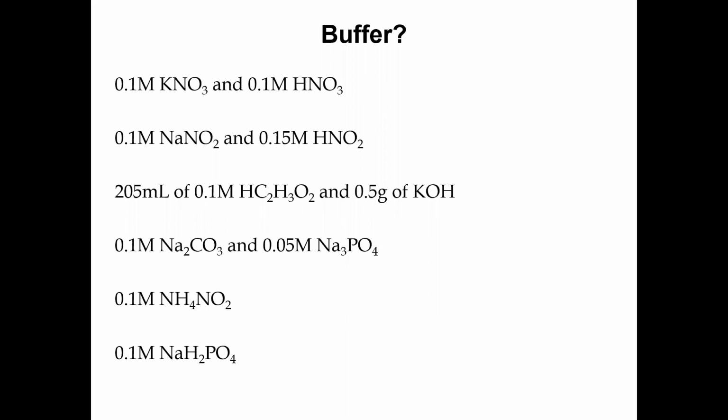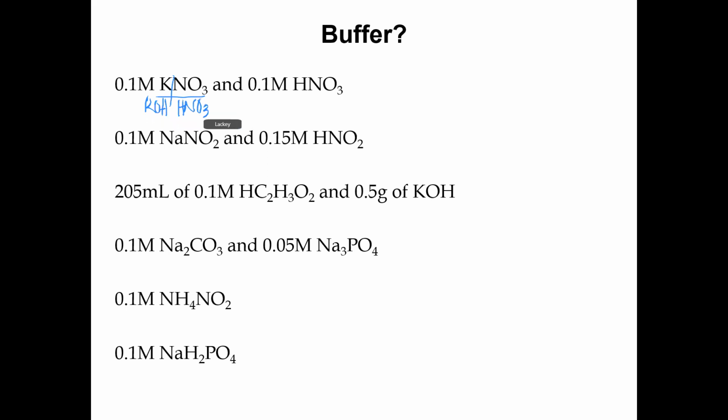Let's refresh and look at what type of things can be considered a buffer. So remember, you have to look and see, does it have something that can absorb hydrogen and hydroxide in the solution? So our first example, we have potassium nitrate and nitric acid. So you're looking to see if it can absorb both. So potassium nitrate can produce KOH and HNO3.